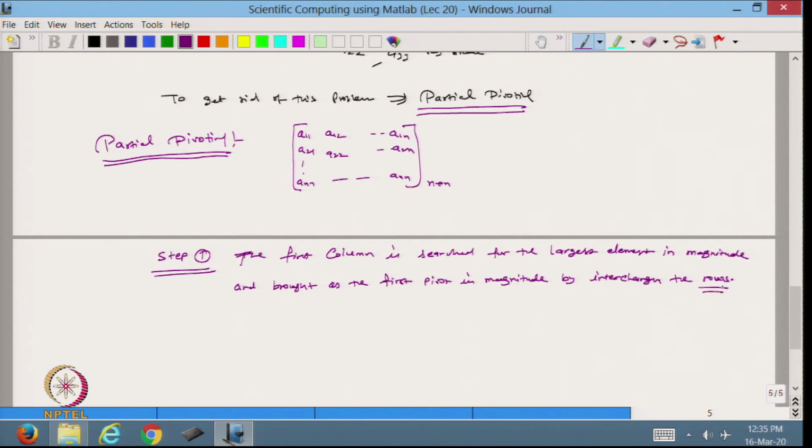Whatever row has the largest element is interchanged with the first row, and the same procedure is done with all the subsequent steps. So, this is the procedure basically. The first column is searched for the largest element in magnitude and brought to the first pivot position by interchanging the rows, and this is done with all the subsequent steps.